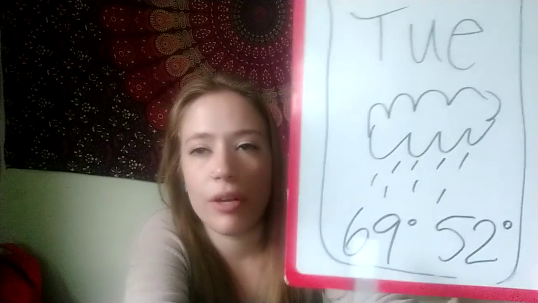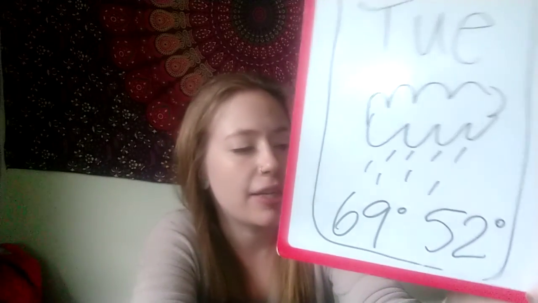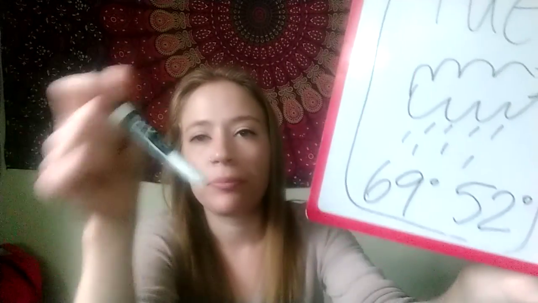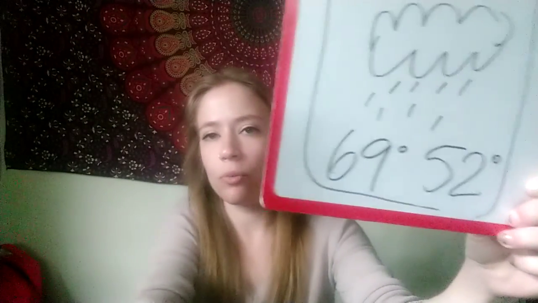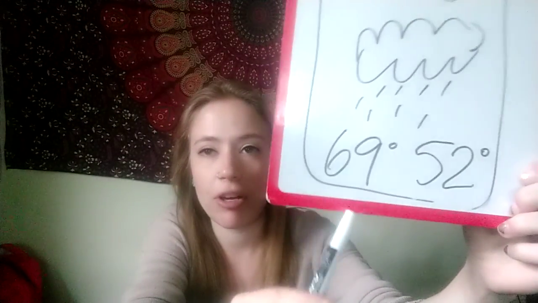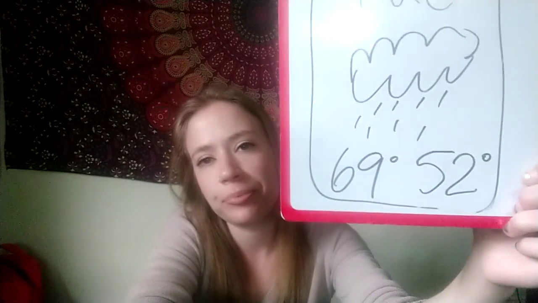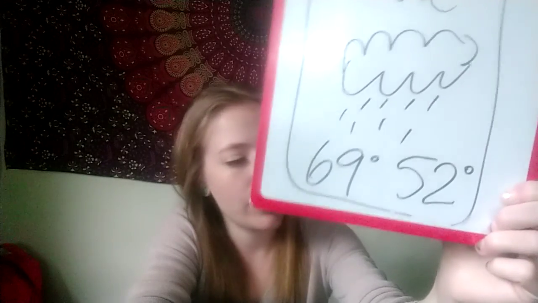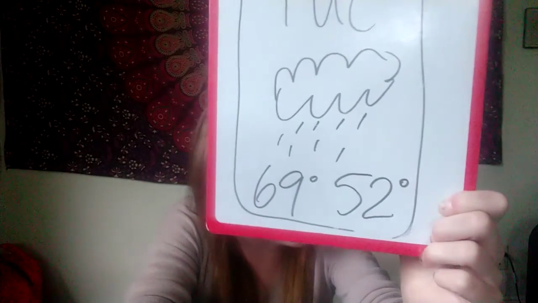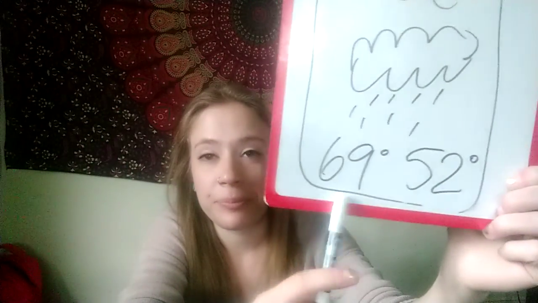And then one of these is going to be our highest expected temperature tomorrow. So my question for you is, which one? Will 69 degrees be our highest temperature, or 52 degrees? And if you notice, these are pretty close together in temperature too.